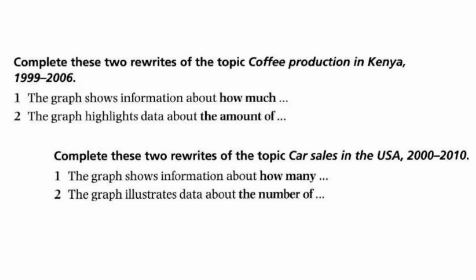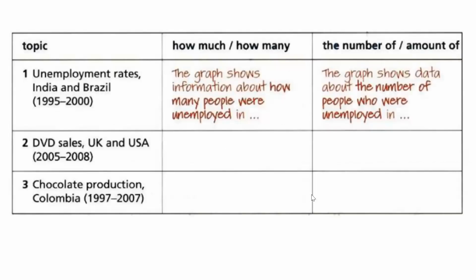Okay. The last one is the number of cars which were sold. That's easy. Okay. Here, so far we understood that how much I would use for not countable things, how many for countable ones. Same way with number, many, amount, much.